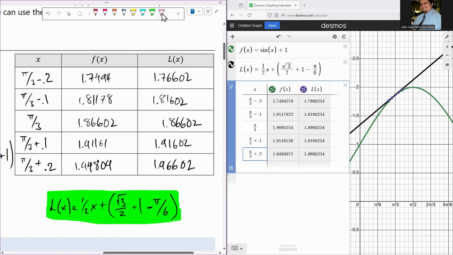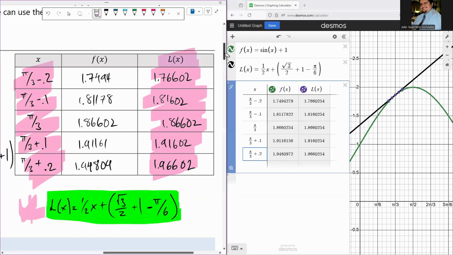So what I want everybody to see is this. These values right here are sine of x plus 1 for these x values. These values are from our line, the green one that I have down below, for these x values.